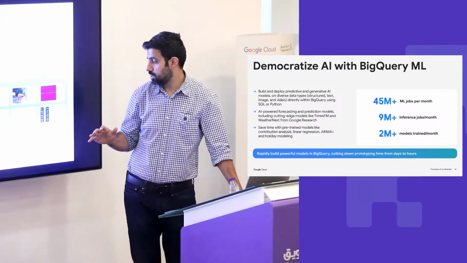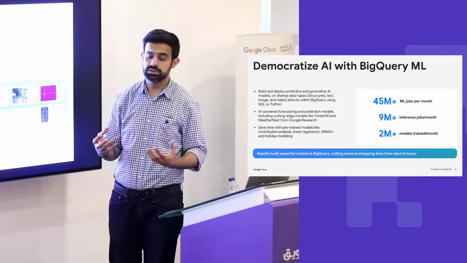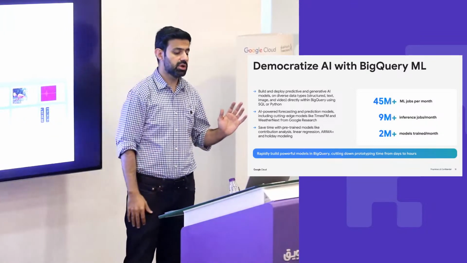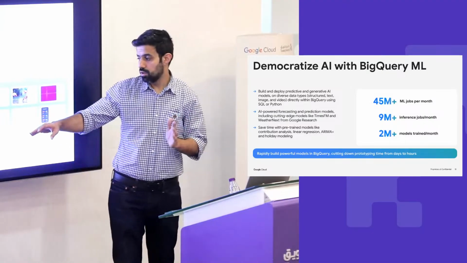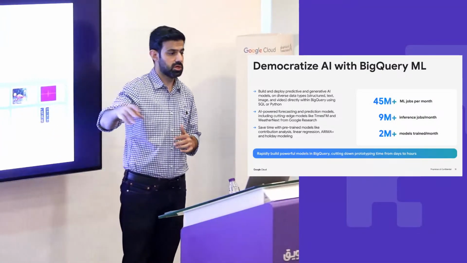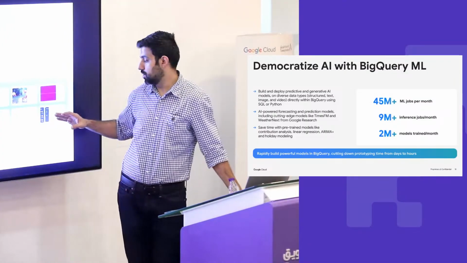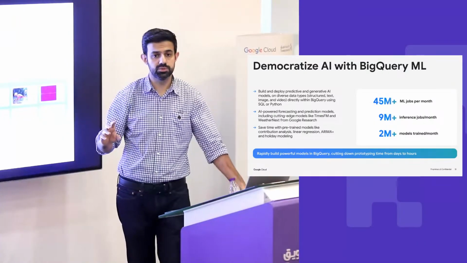And the AI models don't only need to be Google AI models. So we have the whole Gemini family and image generation that you can call directly from BigQuery, but you can also call open source models, any open source models, you name it, you can call it from here, or you can call any of the speech to text, text to speech models from within this as well.